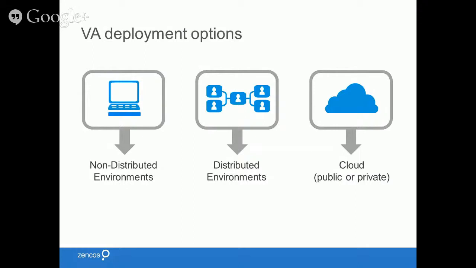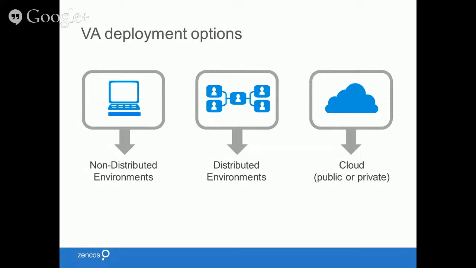As you can see on the screen, there are three primary options for implementing visual analytics. You have non-distributed environments, which are essentially single instance environments. You have distributed environments, which are more of a cluster type environment, where you have multiple servers performing tasks of storing data and processing data so that you can distribute workload across those servers.